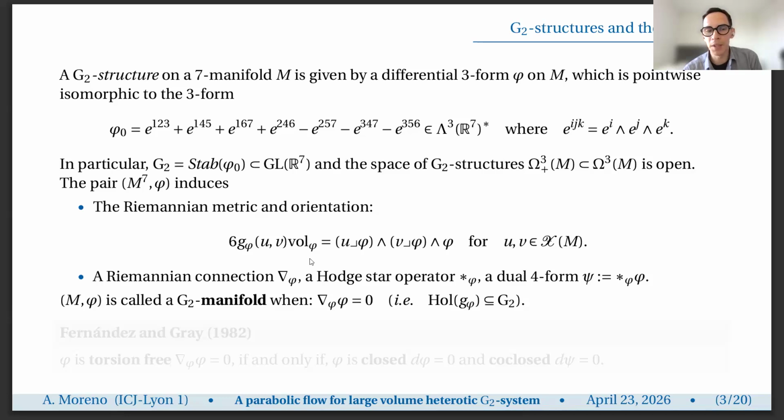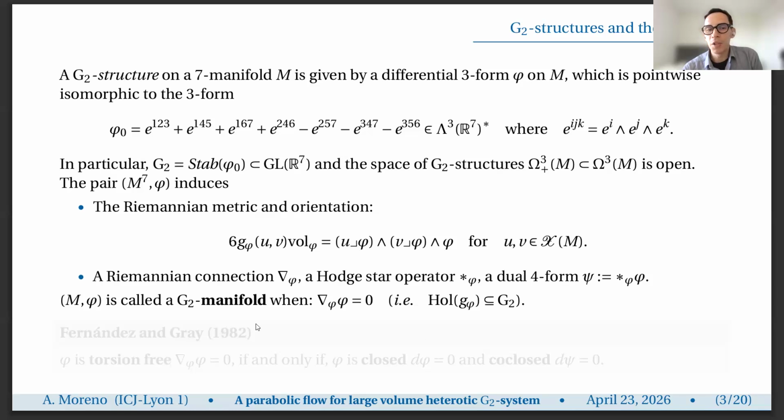Because of this, you can also define the Levi-Civita connection and the Hodge star operator. With this Hodge star operator, we also have a very important tensor, which is the Hodge dual of the 3-form, this 4-form psi.